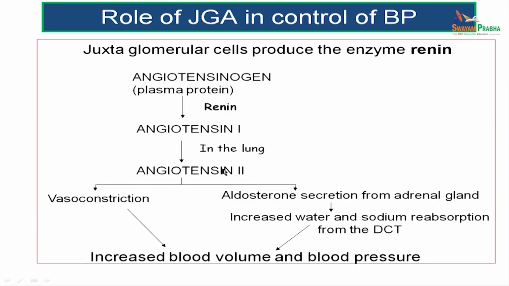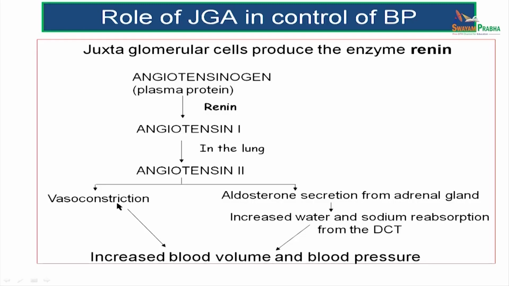Please note this angiotensin 2 is the one which increases the blood volume and blood pressure. We have already told you that the blood pressure has fallen, with less glomerular filtrate. So, the blood pressure has to increase, the blood volume has to increase. This occurs because of renin secretion and conversion of angiotensinogen to angiotensin 1 and then angiotensin 2.